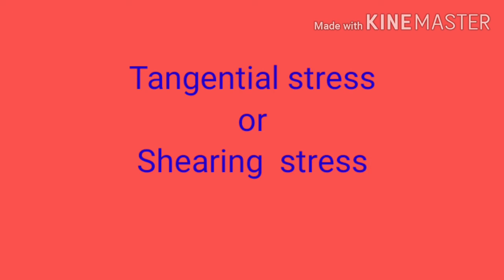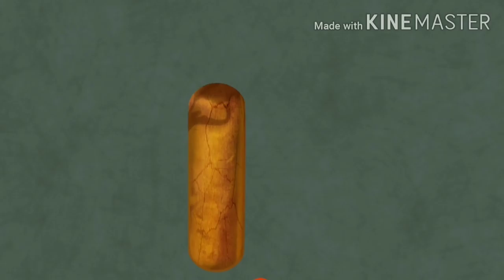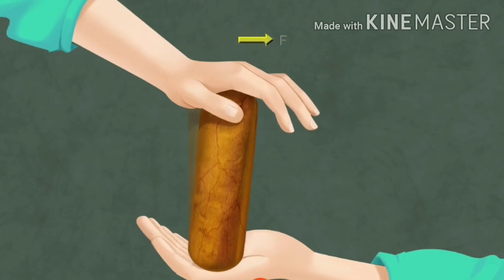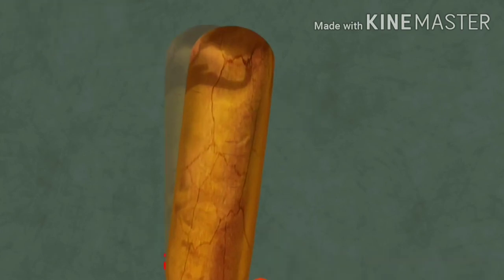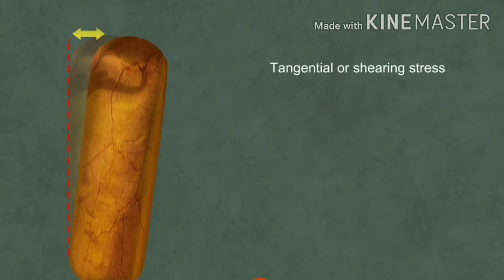Tangential stress or shearing stress. Let us study it with one activity. Apply force on both sides of the cylinder in opposite directions. The force should be parallel to the cross-sectional area. There is a relative displacement between the two faces of the cylinder. The stress developed in this case is known as tangential stress or shearing stress.